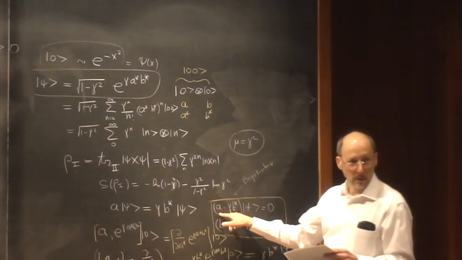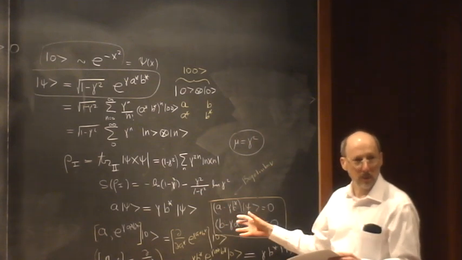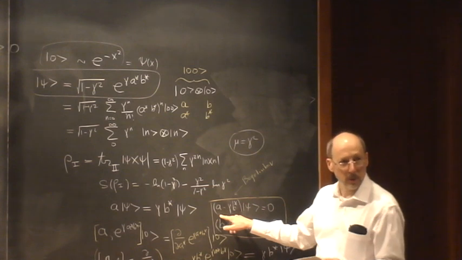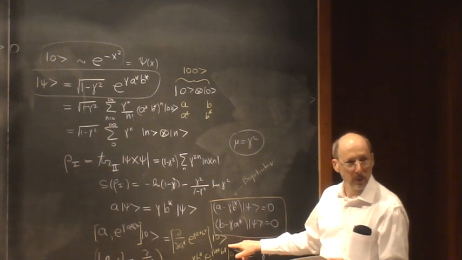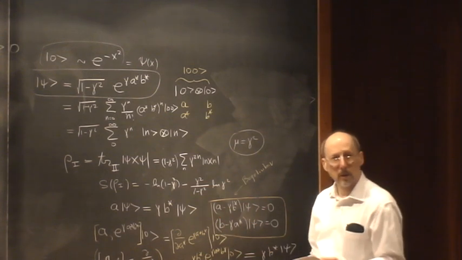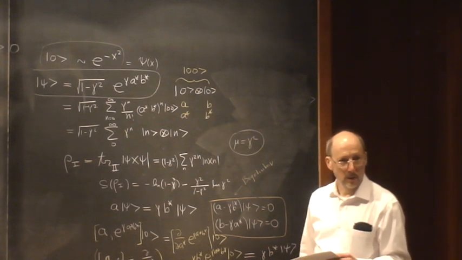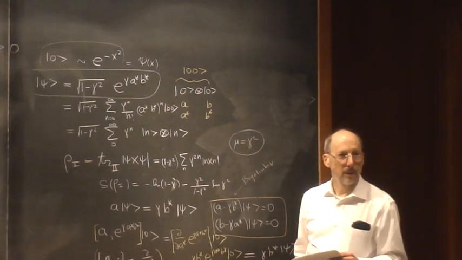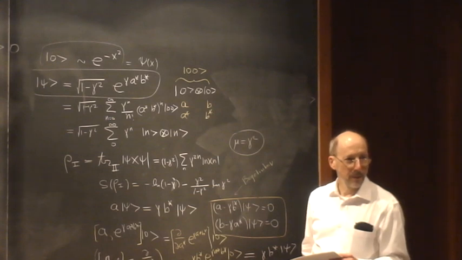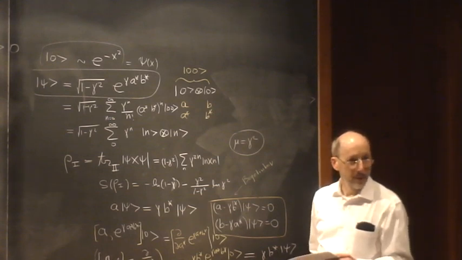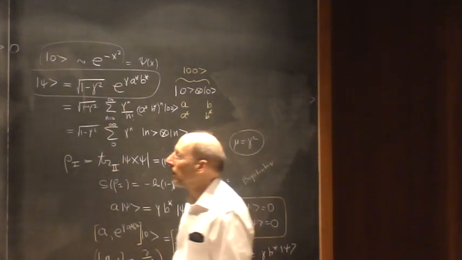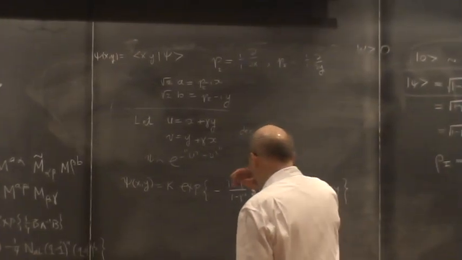So the correctly normalized annihilation operator will be some multiple of this object, and some multiple of this object. This squeezing is like an SL2R transformation. And that U and V relation that you have written there, if you put in that square root of 1 minus gamma squared, then you will see that it is an SL2R. Yes, right.